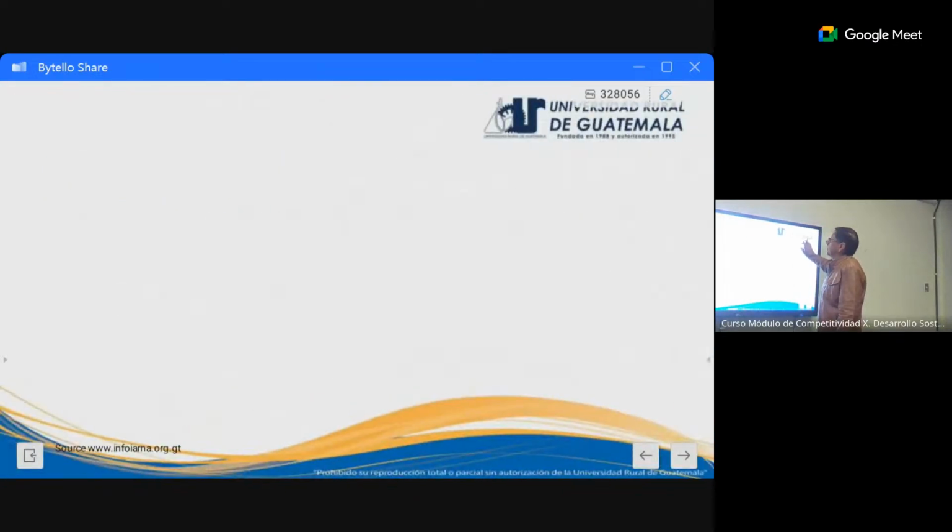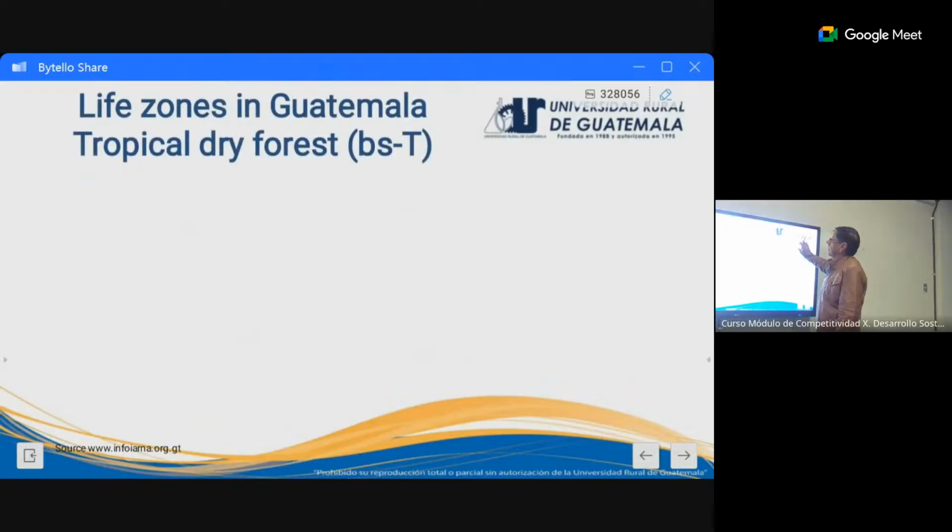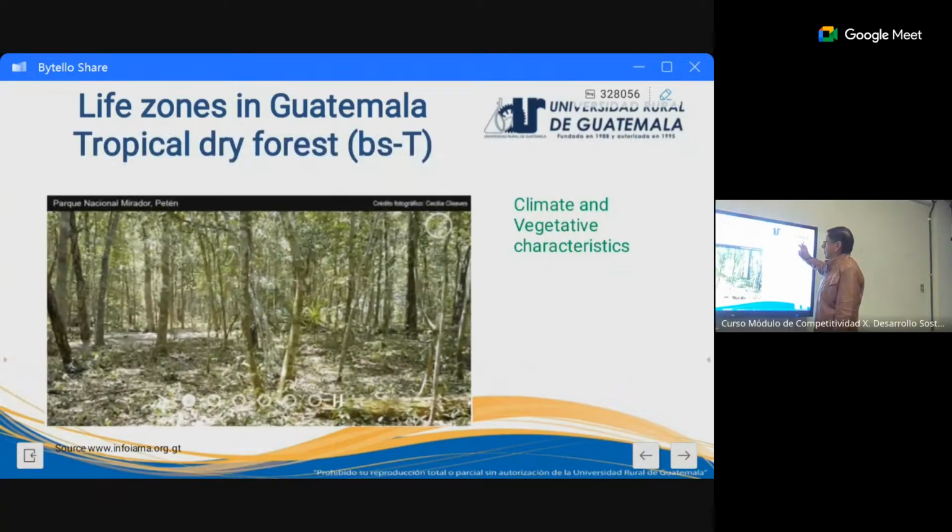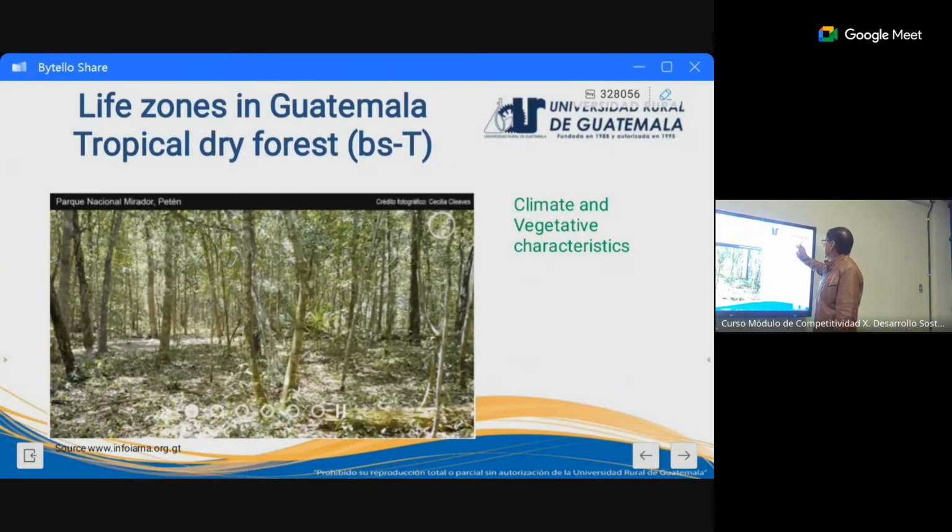Let's check climate and vegetative characteristics. So here we have this photo that was taken from Parque Nacional Mirador Petén, and this is, let's say, a typical example of the tropical dry forest.